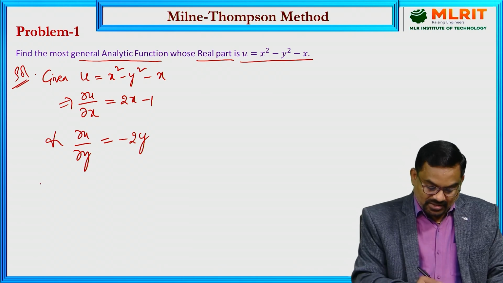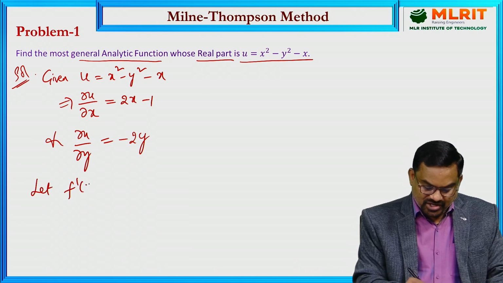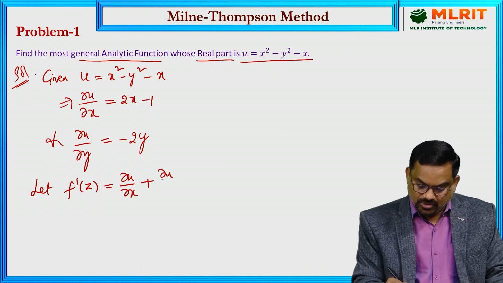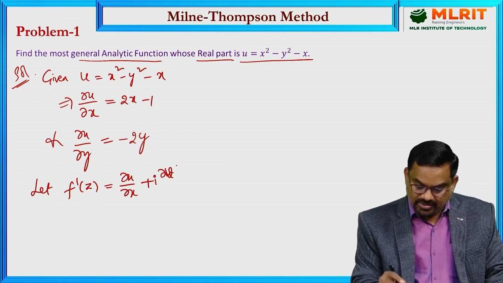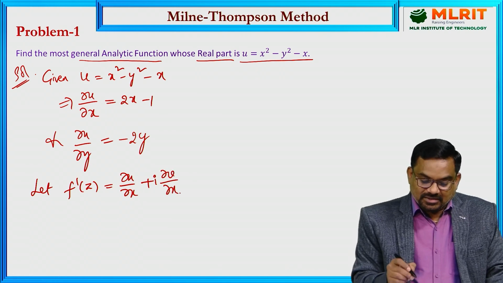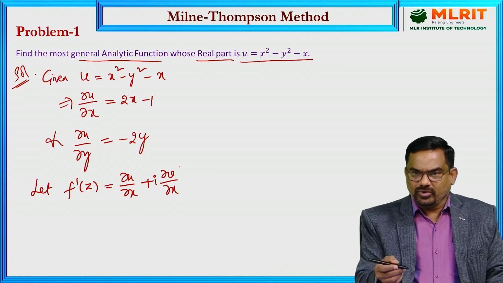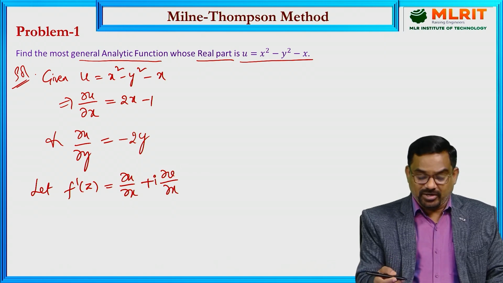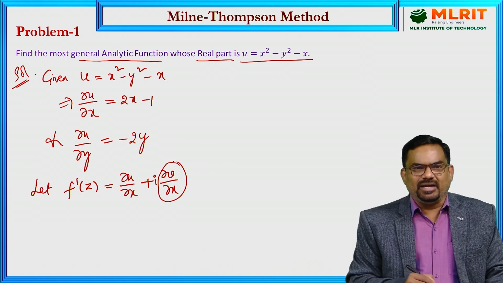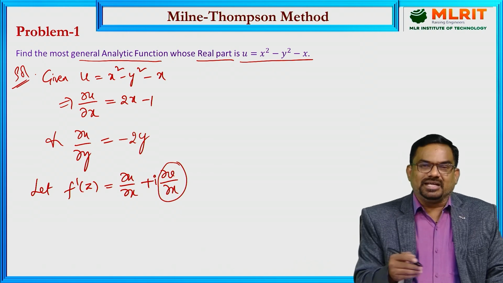Now let f dash z equal to dou u by dou x plus i into dou v by dou x. Since v is not given, or we don't have that imaginary part v, we need to replace this dou v by dou x by some term in terms of u.